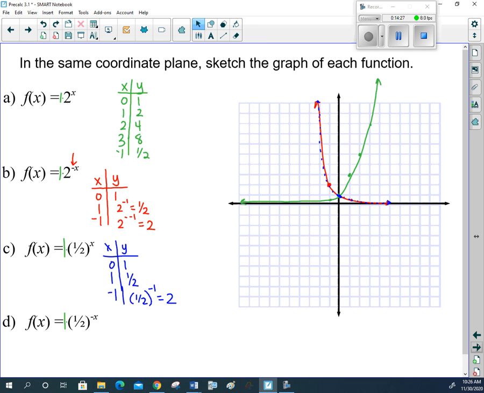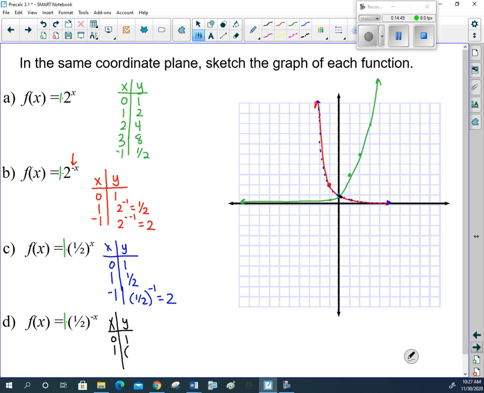So then I'm thinking down below here, if the one above it's a decay, then this one should probably be a growth. If I'm going to do 1/2 raised to the negative x power, let's just pick a number, put a 0 in, we get a 1 out like we said from the very beginning. And then let's put 1 in.